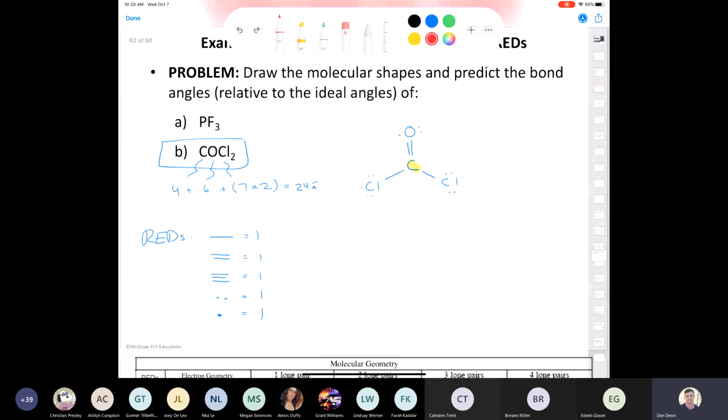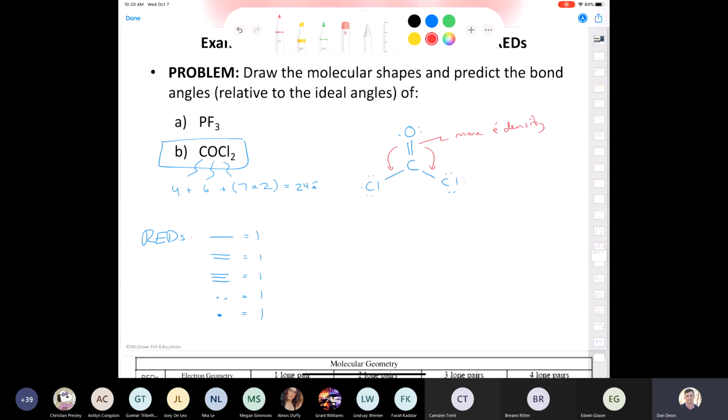And therefore, when we have 3 regions of electron density, they're going to try, at least try, to adopt a trigonal planar arrangement. Now, what did we learn a couple of slides ago? There's more electron density in a double bond than in the 2 single bonds. So what's that going to do? That's going to push, right? And what these arrows are showing, you're like, what are those arrows for, Mr. Dion?